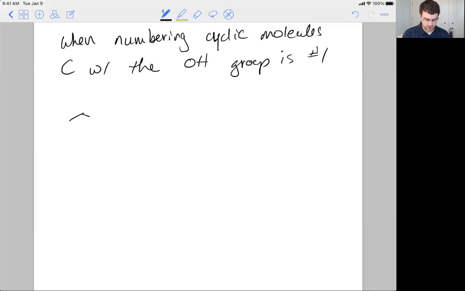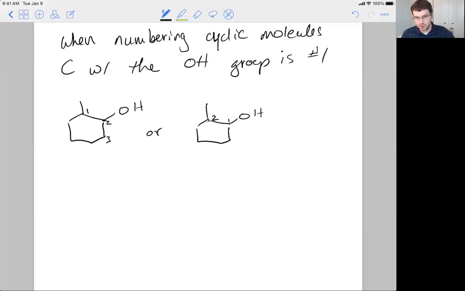So you saw previously that we had a methyl group and we had an OH group. I could number this 1, 2, 3, all the way around to 6, or I could start at the OH, 1, 2, methyl group. We still have a 1 and we still have a 2 substituent.